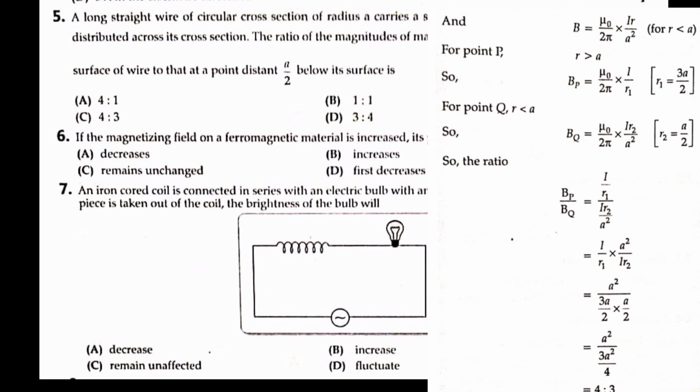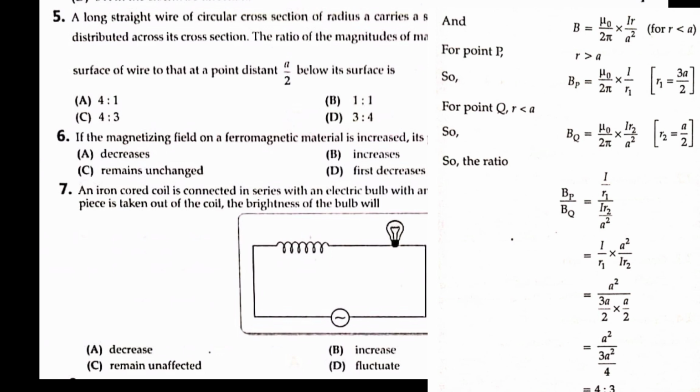So what will be the ratio BP by BQ? Here we are finding BP by BQ. Here mu 0 by 2 pi will get cancelled. So the remaining thing is 1 by R1 divided by I R2 by A square. Now we can substitute the value. So 1 by R1 into A square by R2, with R1 as 3A by 2. So what we are getting is A square by 3A by 2 into A by 2.